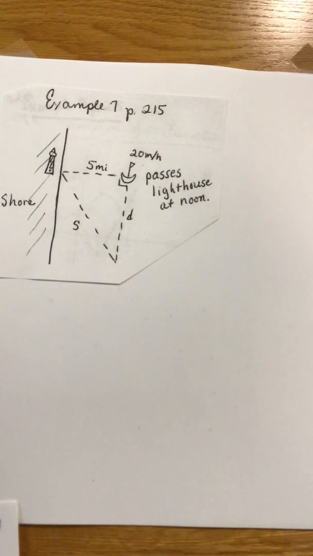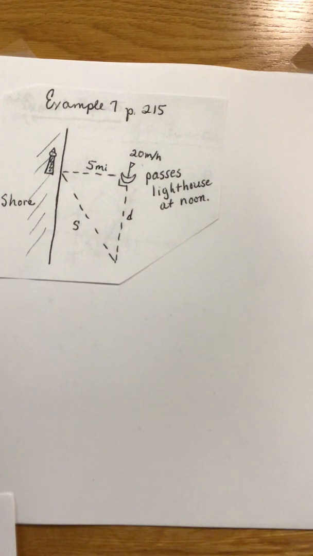A ship is traveling at 20 miles per hour parallel to a straight shoreline. The ship is 5 miles from the shore. It passes a lighthouse at noon. The first one says, express the distance between the lighthouse and the ship as a function of d, the distance the ship has traveled since noon.